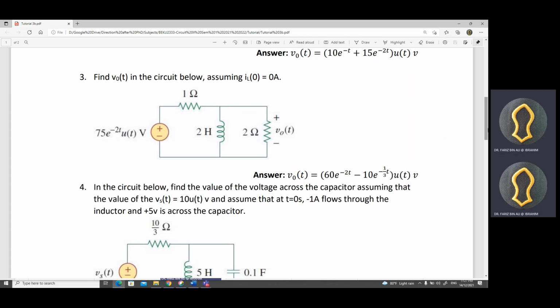Once you have converted all to S domain, you can use whatever analysis to solve the circuit, whether node analysis, mesh analysis, Ohm's law, as long as it is not stated specifically in the question. If the question asks for a specific method, then you have to use that specific method. Let's say we have this question here, question number 3.